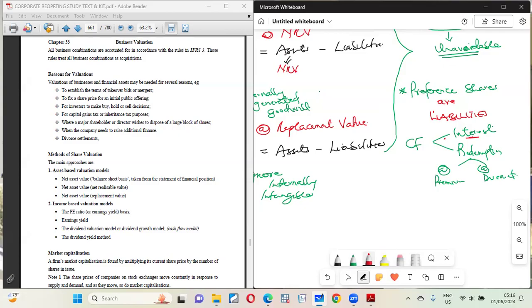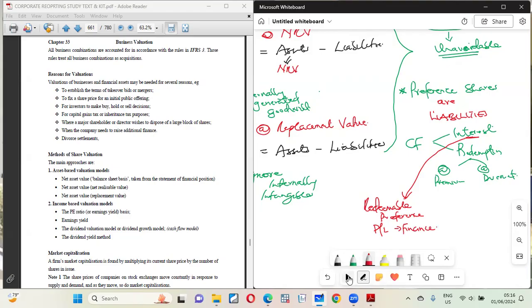Because if the preference share is redeemable, the interest, which is their return on a yearly basis, we will find inside the P&L, as finance cost.